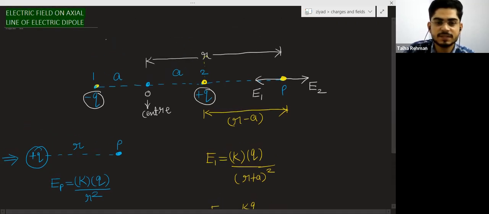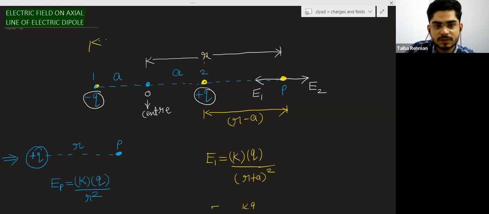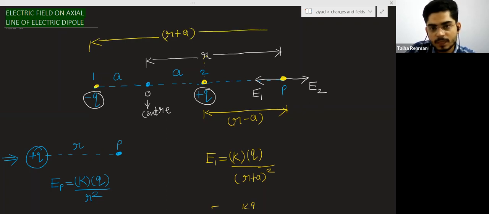And this distance will be R plus A, between the point P and point 1, where the charge is minus Q.